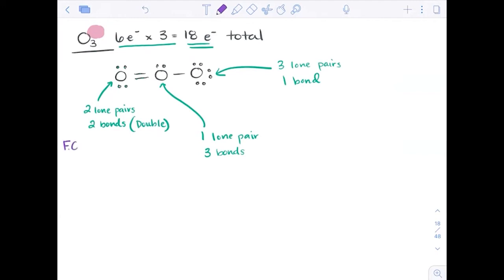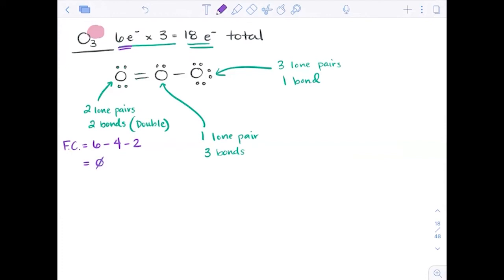Formal charge for this guy is equal to the number of electrons brought to the table, that's 6, minus the number of lone pair electrons, 4, minus half of the number of bonding electrons, or just the number of bonds, 2. Overall, a 0 formal charge.